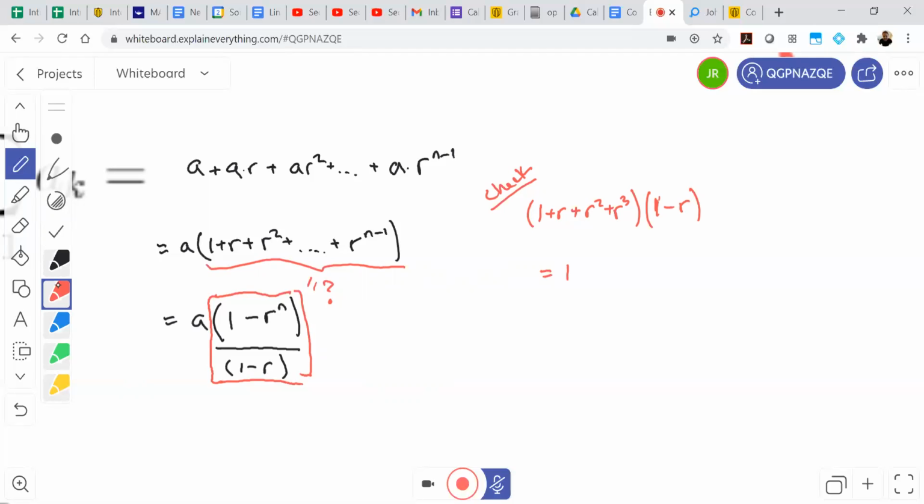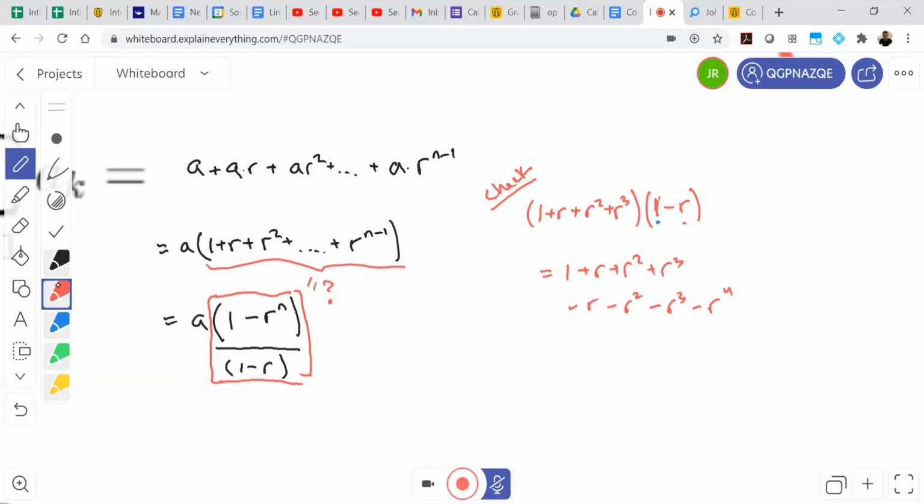So that's 1 plus r plus r squared plus r cubed. That's what I get when I multiply the 1 into everything. And then I have to multiply the negative r into everything. That gives minus r, the negative r times the 1, minus r squared, minus r cubed, minus r to the 4th, where that last one is from the negative r times the r cubed.